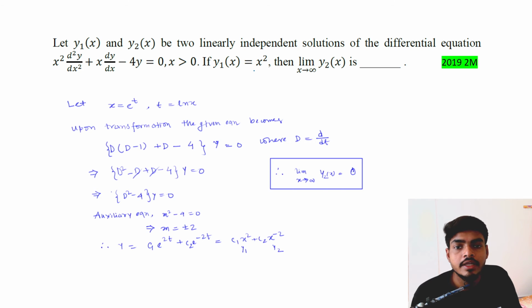They said that y1 is x square, then y2 would be x to the power minus 2. They want limit x tends to infinity y(x). If you take limit x tends to infinity of 1 by x square, that would become 0. So your answer is 0. So you will get 2 marks. Okay, this is a very easy question. Just a 4-liner question.